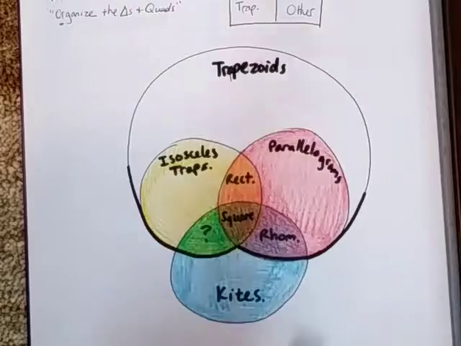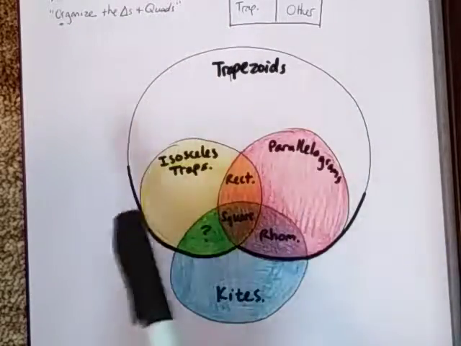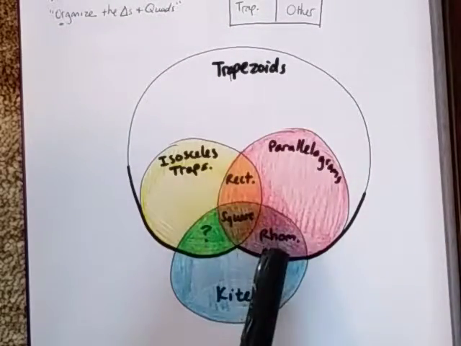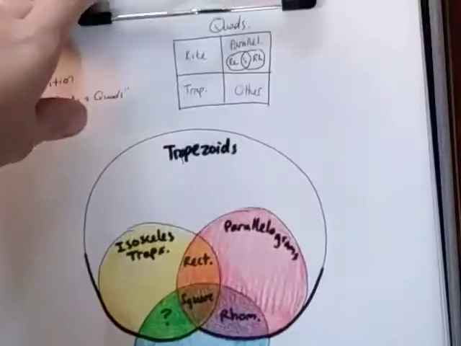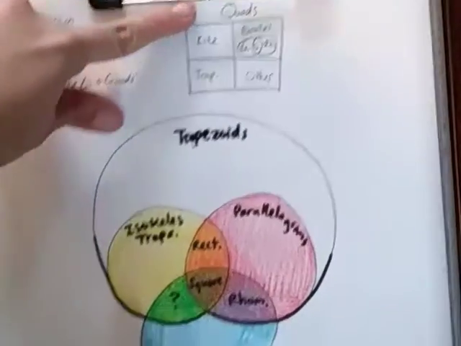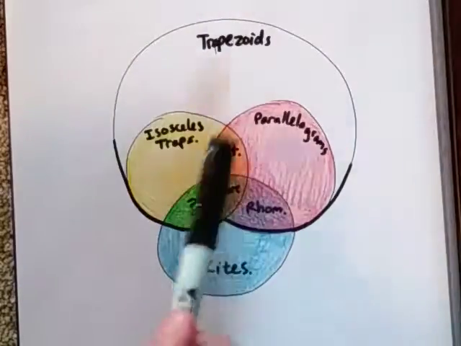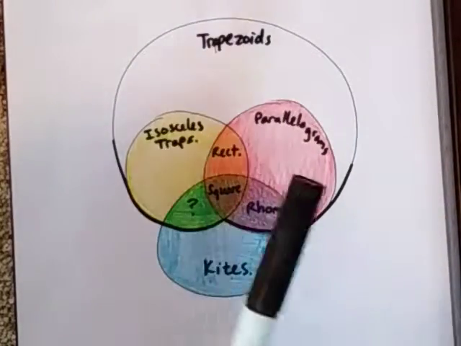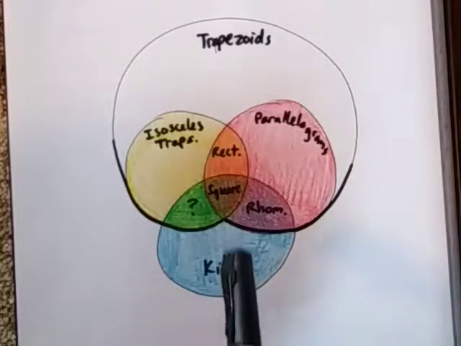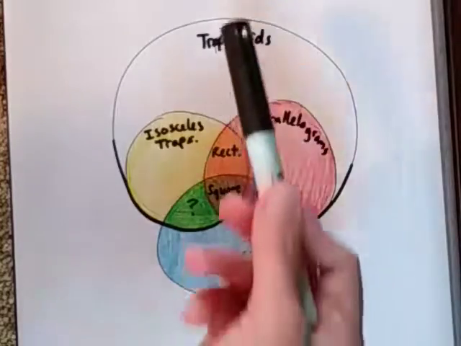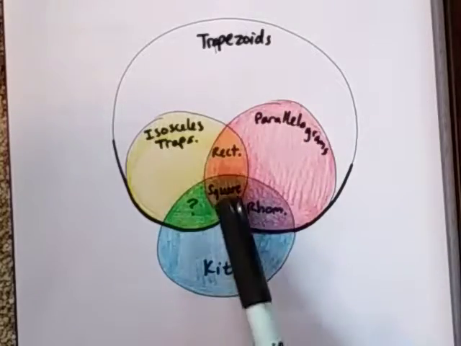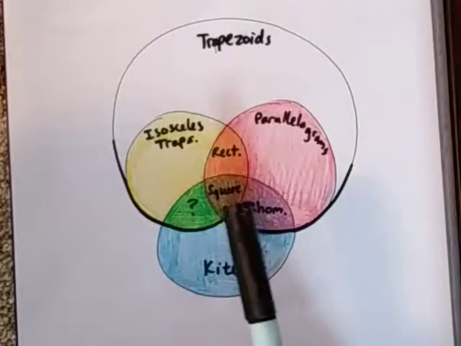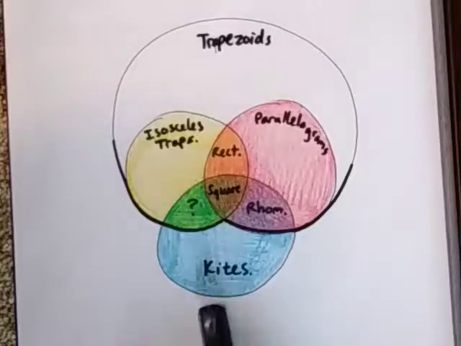And then the book also says, if I classify even further, if I have all the characteristics of a rectangle and a rhombus, that's when I have a square. That one is similar to what I have up here in my little Venn diagram. And so that means that a square is considered a trapezoid, an isosceles trapezoid, a parallelogram, a kite, a rectangle, and a rhombus. So a square has all of the classifications.